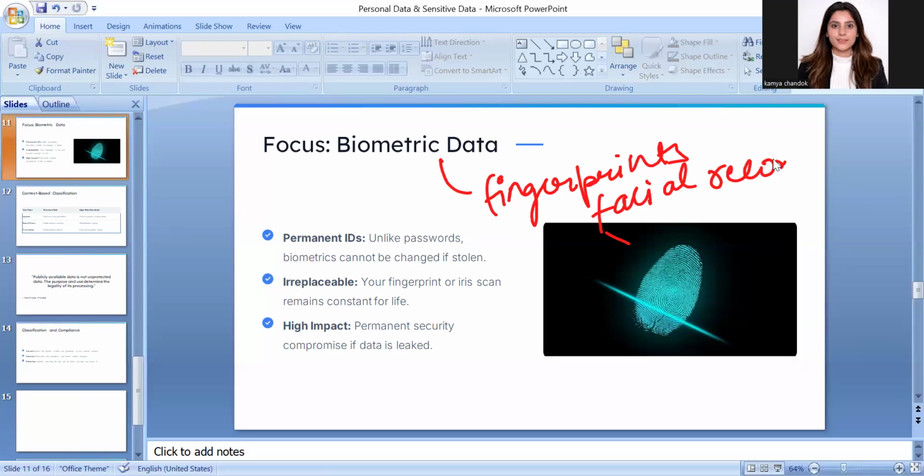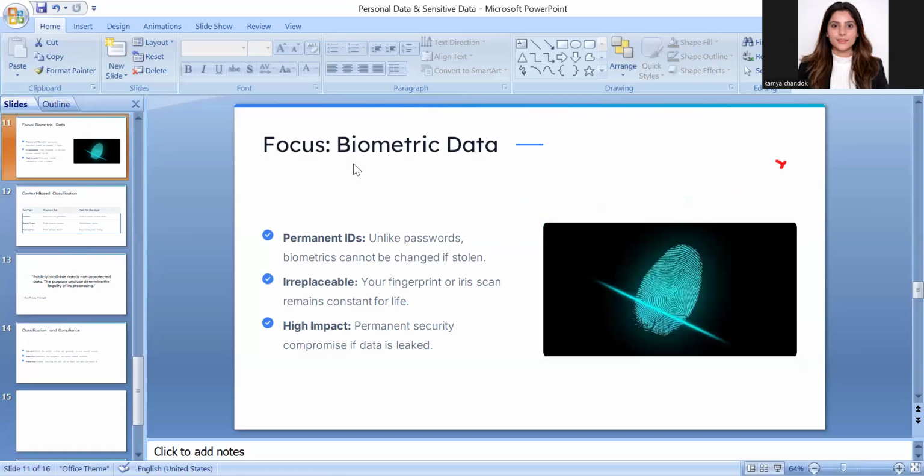Iris scan, the voice patterns, everything. Now if this data is compromised, then the harm is very permanent in nature, because you can reset a password but you cannot reset your fingerprint. So this irreversibility is why biometric data is always treated as sensitive.